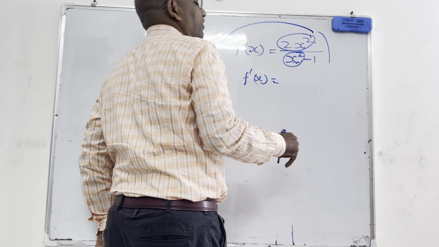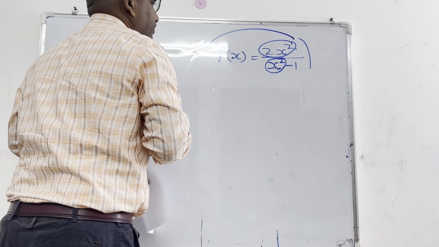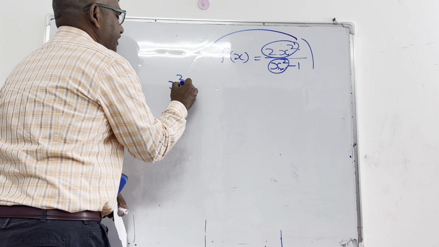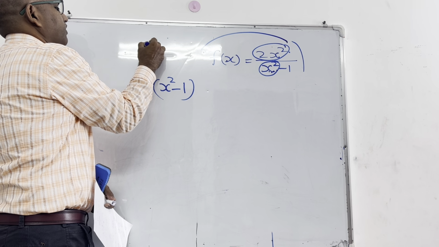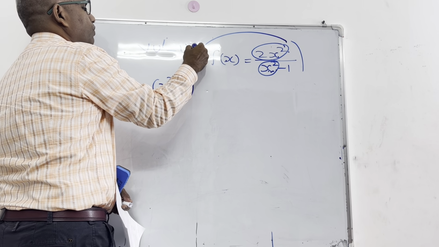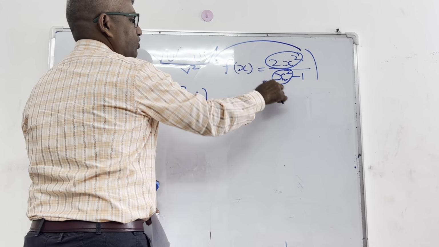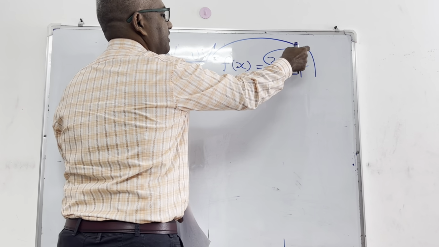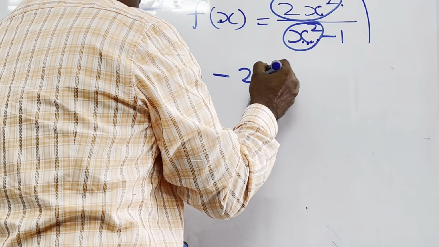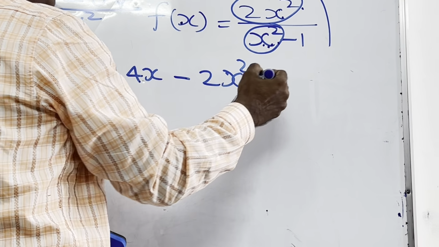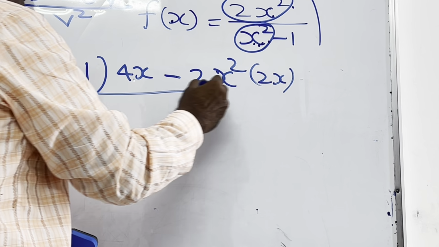How to differentiate? Quotient rule: v u dash minus u v dash over v squared, right? Here v is x squared minus 1. What is u dash? Differentiate 2x squared: 4x. What is v dash? 2x, since differentiating minus 1 gives 0.